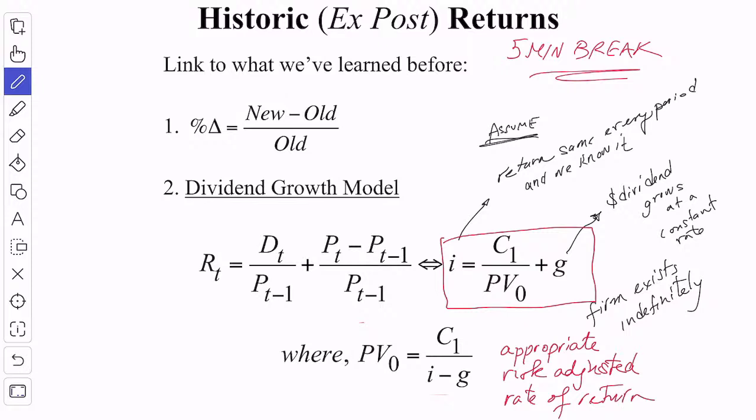And we need that, right? We need that to evaluate projects. Even if we use the internal rate of return, we still need to compare it to something. So this will be helpful in determining that value. All right, so that's the dividend growth model. What else?